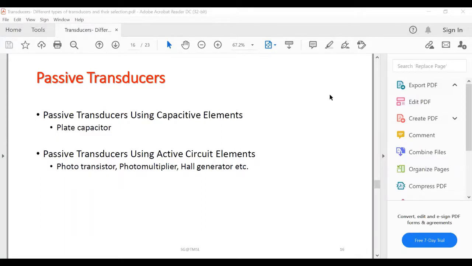Another is the photomultiplier, and it is used in the Hall generator, a semiconductor transducer element which provides an output voltage that is proportional to both the applied current and the magnetic field in which it is placed. In this way, active circuit elements can be used to design the passive transducer.